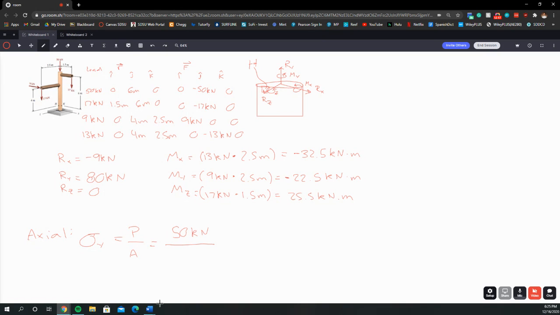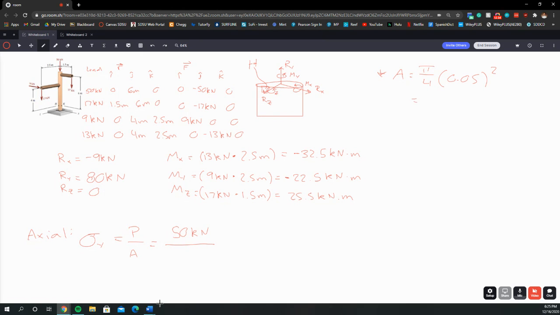Then the area equals pi over 4 times diameter squared.